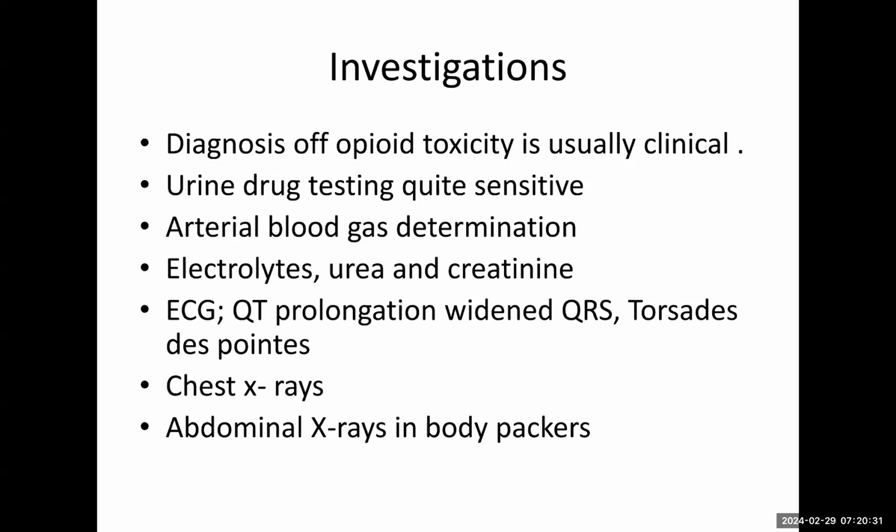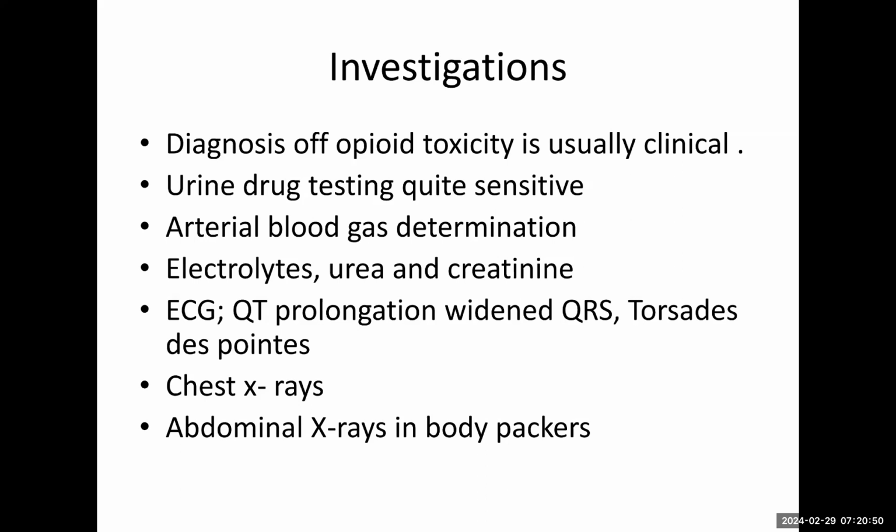The investigations: opioid toxicity is usually a clinical diagnosis, but you can do urine drug testing, which is quite sensitive and can pick up opioids in urine up to 48 hours after injection of the opioid.